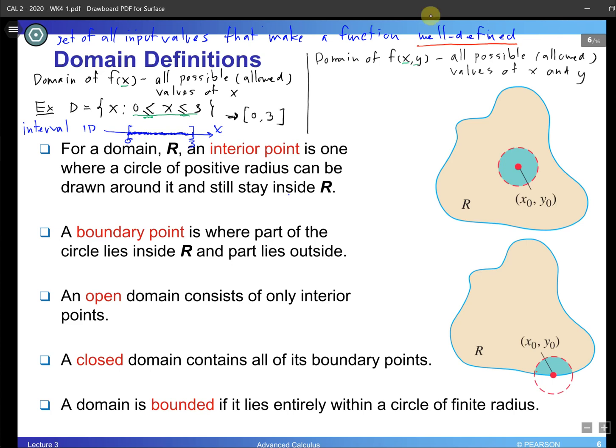And just like I did before, I am going to make an example right here in order to graph. Example of this domain set, right? I'm going to set it to be this set D such that we have all x and y as long as x is less than or equal to 2, greater than or equal to 0.